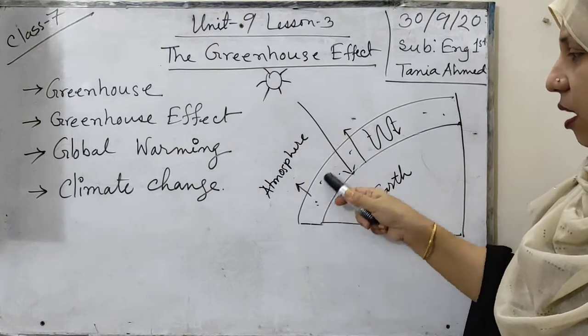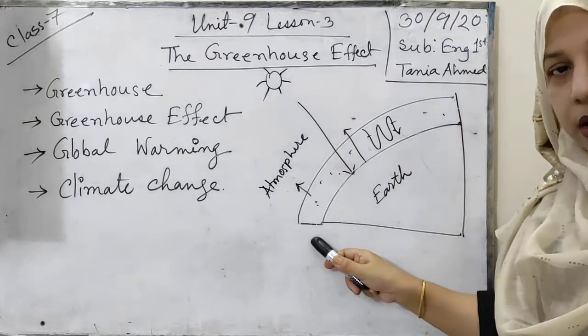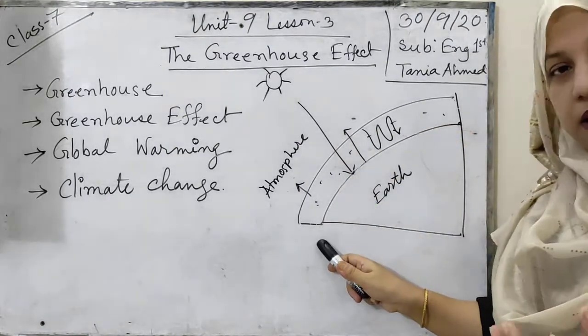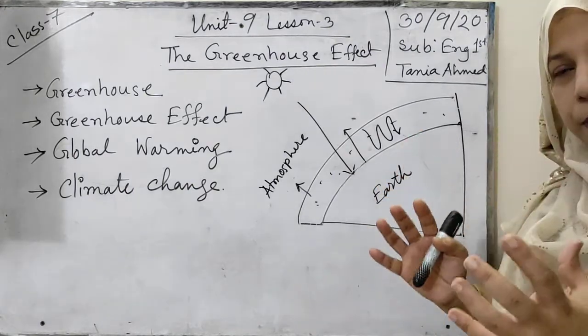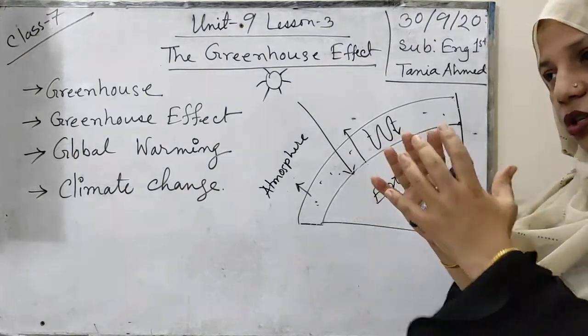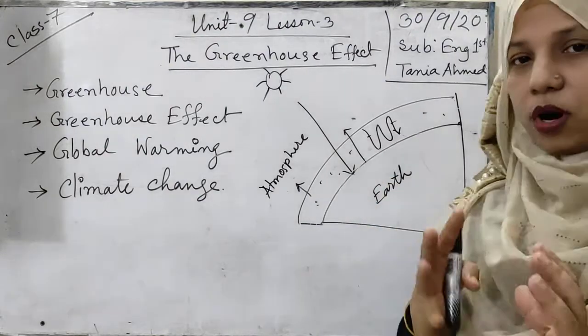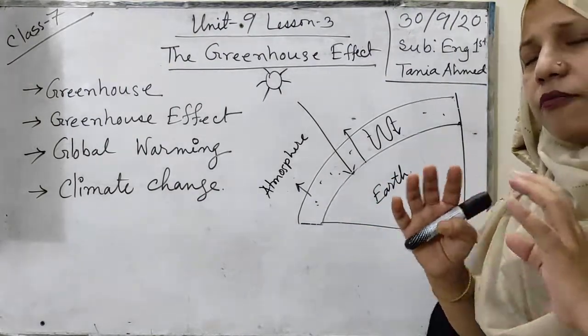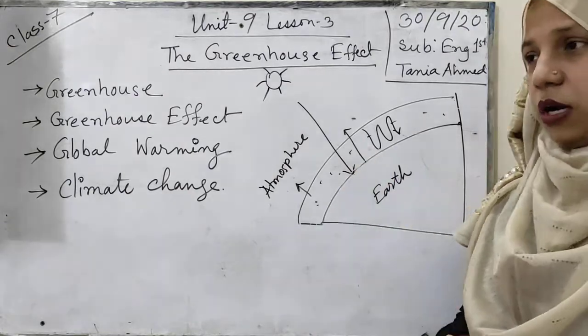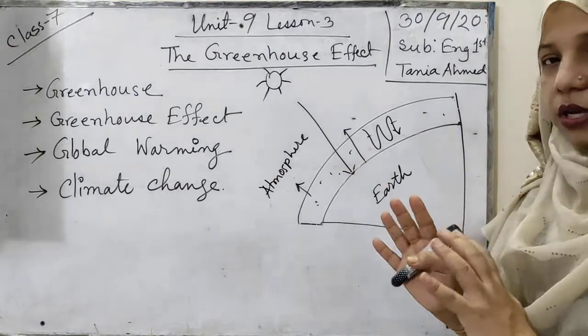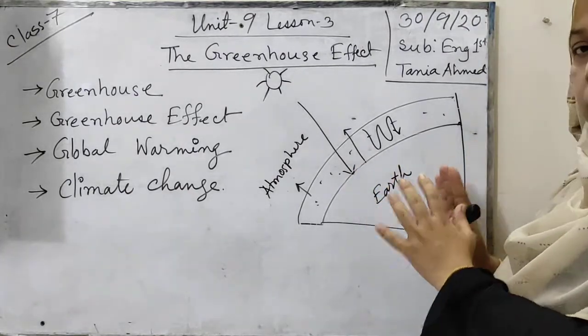But in the atmosphere, there are some kind of gases which trap some portion of the heat, so that the earth becomes warm for us, that is comfortable, that is needed for us, that would not be harmful at all.